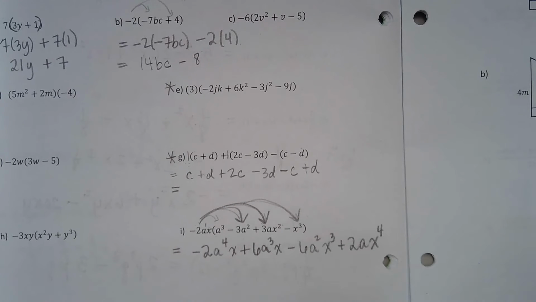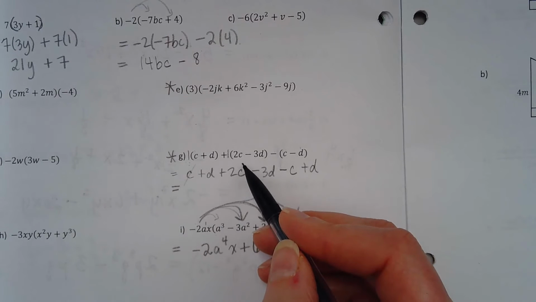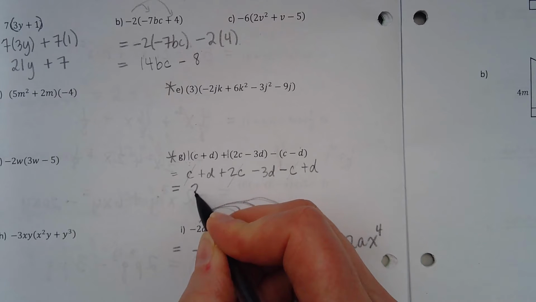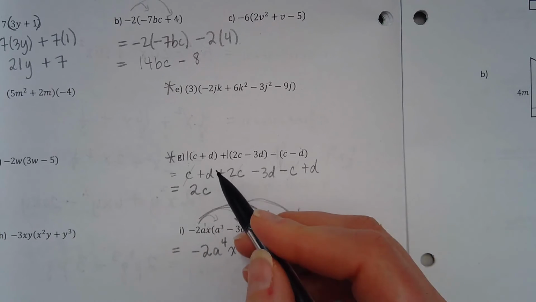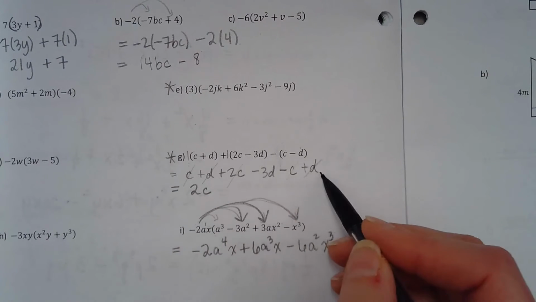Now I collect like terms as always. So I have 1C plus 2 is 3 minus 1. I'm back down to 2C. And now I'll do my D's. I have a positive 1D and another positive D, so that's 2D.